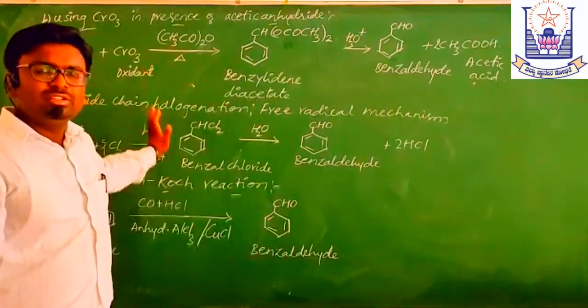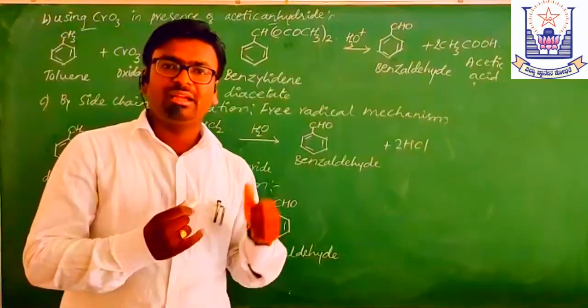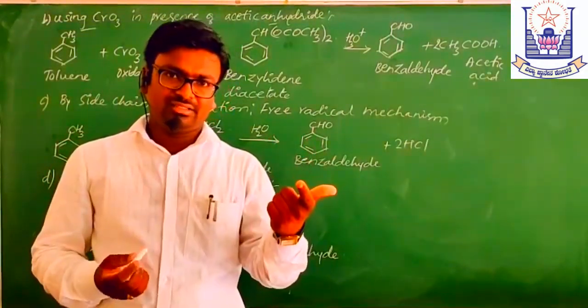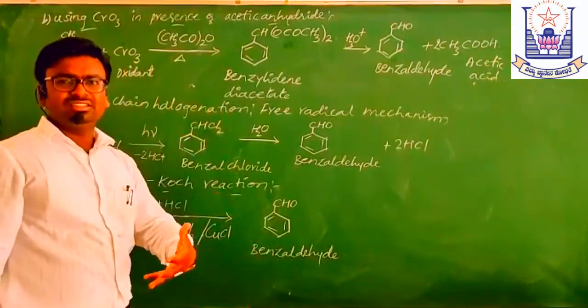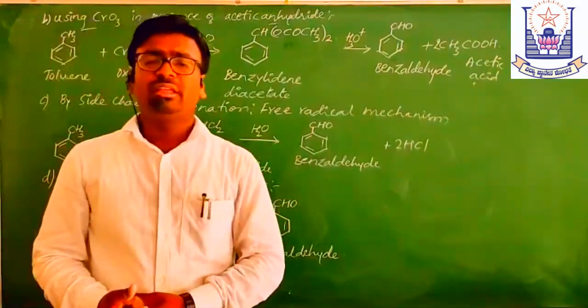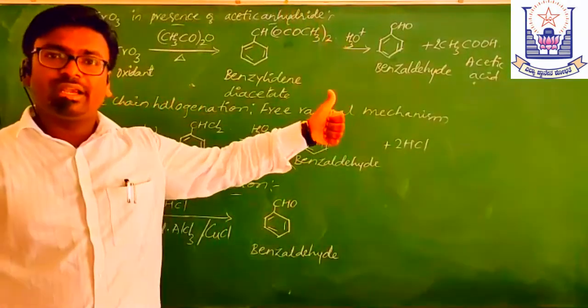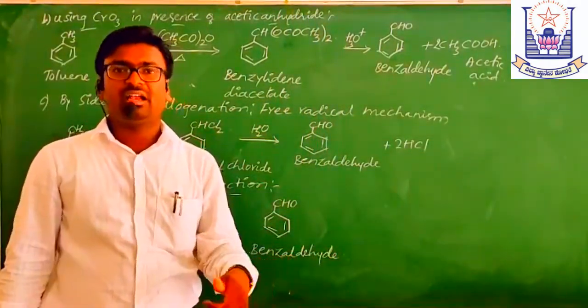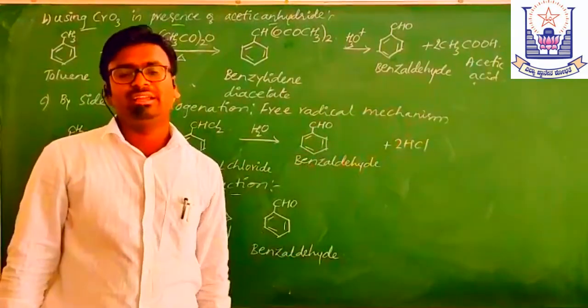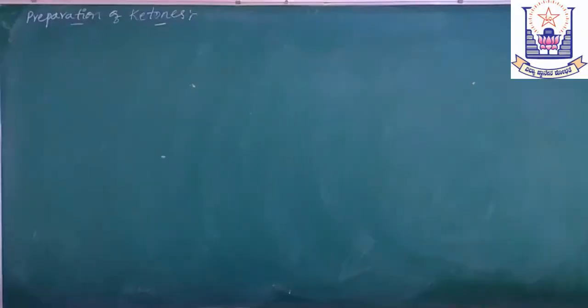These are the methods of preparing aliphatic and aromatic aldehydes. Here we have seen the different reagents used to convert acid chlorides, nitriles, esters and arenes into aldehydes. You need to practice.